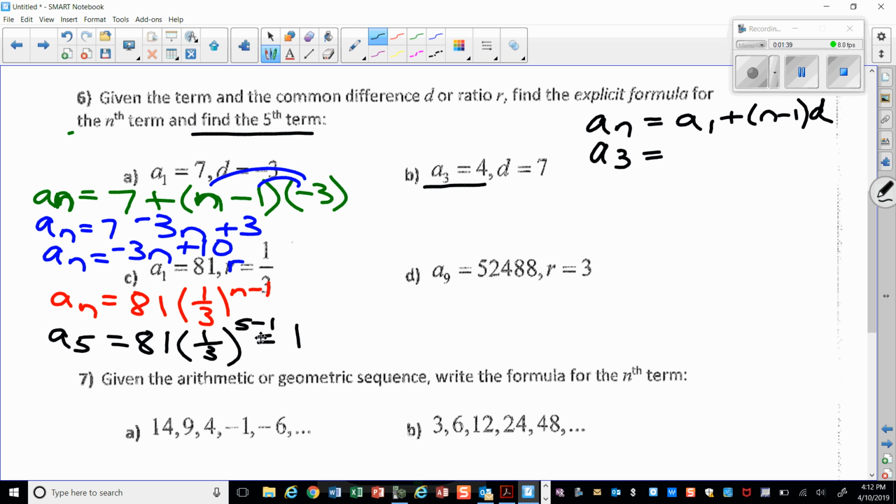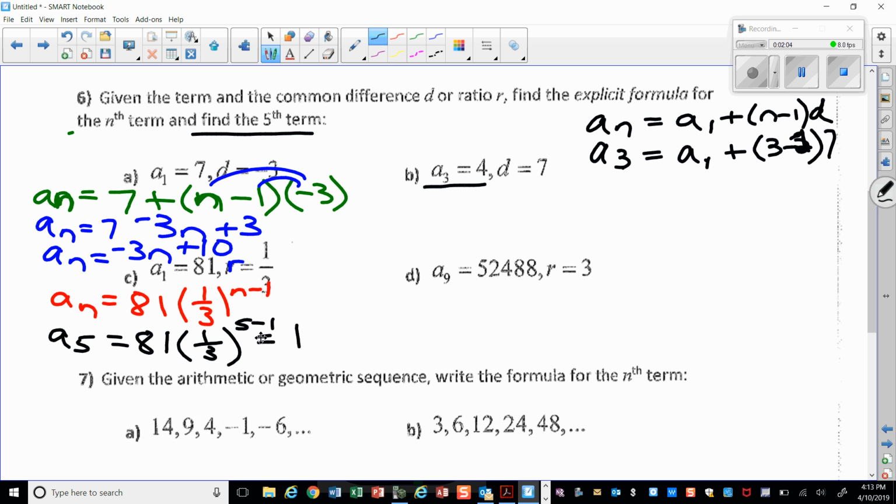So we still have the first term. We don't know the first term this time. And I've got n is 3. Oops, so it's minus 1, right? It's always this minus this. And instead of n minus 1, it's 3 minus 1 because n is 3. And then I have my difference is 7.